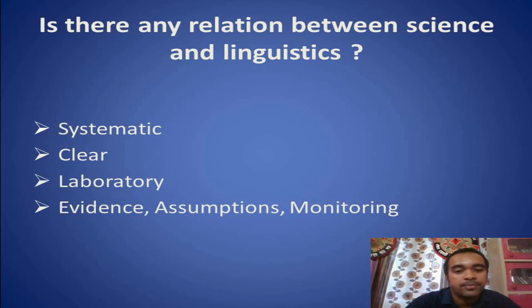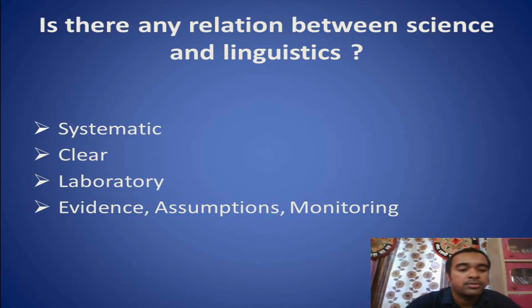One is systematic. Scientists always follow a system. They research anything systematically. Similarly, a linguist also researches systematically. They also follow a system. The second word is clear.